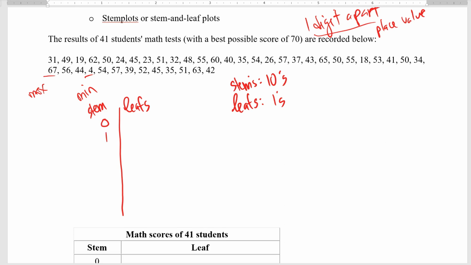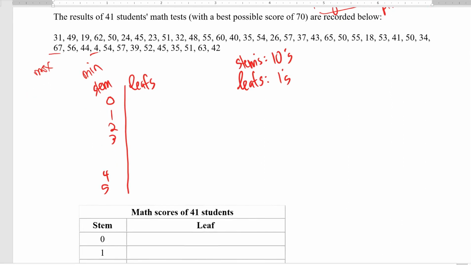Then we'll have the 10s, the 20s, the 30s, the 40s, the 50s, and it looks like our highest number is in the 60s. Now I would go through each of these numbers and fill in the leaves. The number 4 would represent 0 tens and 4 ones. So you'd stick a 4 there.